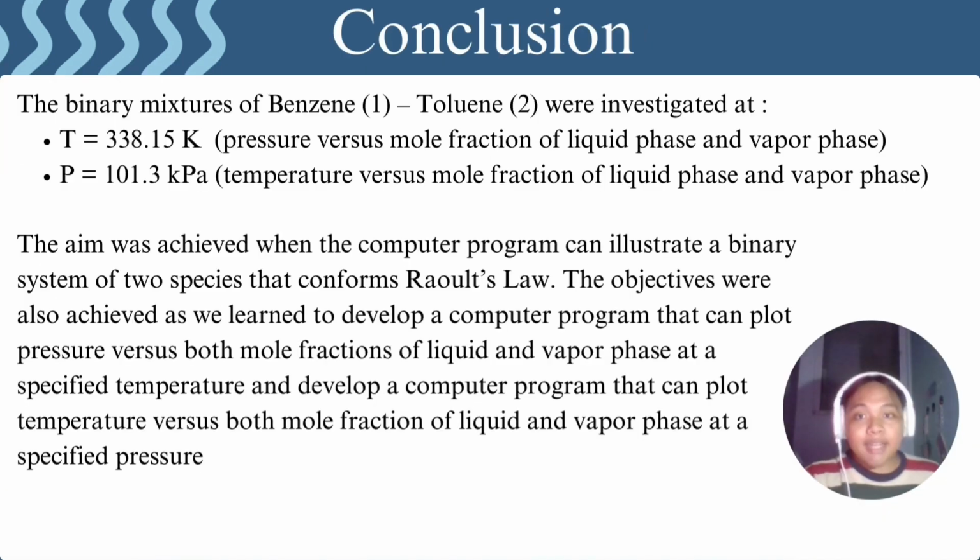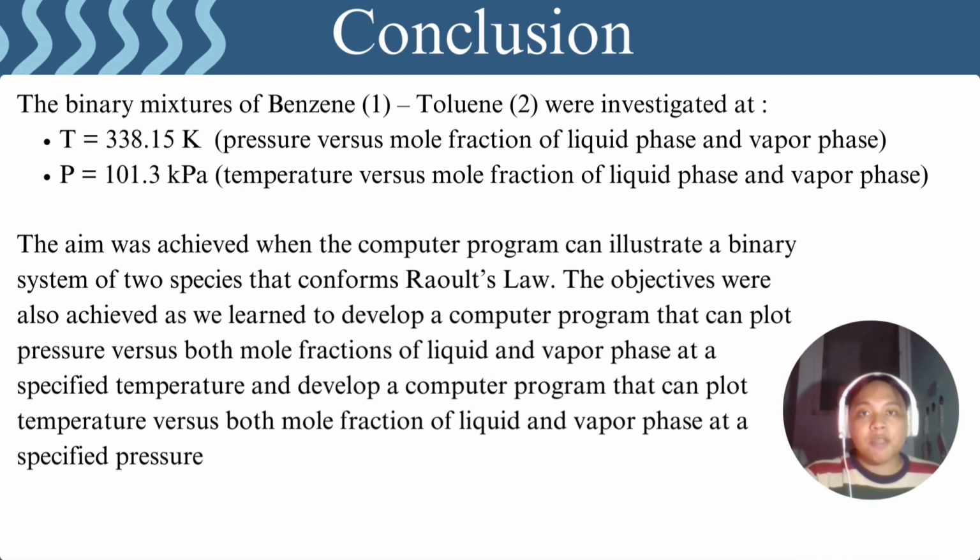To conclude, the binary mixtures of benzene and toluene were investigated at T equal to 338.15 Kelvin for pressure versus mole fraction, and at P equal to 101.3 kilopascal for temperature versus mole fraction. The aim of this research project was achieved, where the vapor-liquid equilibrium of a binary system of benzene and toluene was developed by a computer program that can illustrate a binary system of two species that conform to Raoult's law.